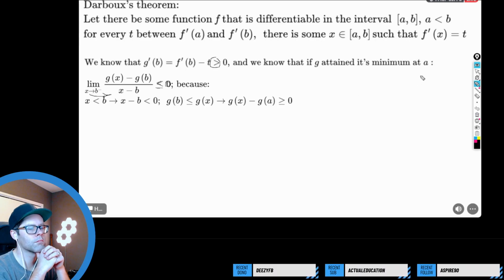Now, because we have some function where this is a and this is b, and it doesn't have a minimum at a or at b, then it has to have a relative minimum somewhere in here.